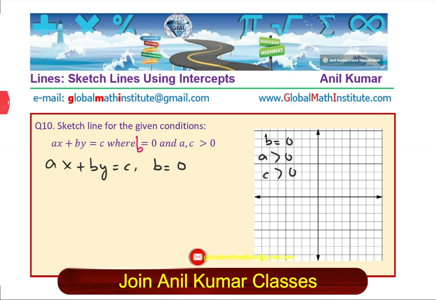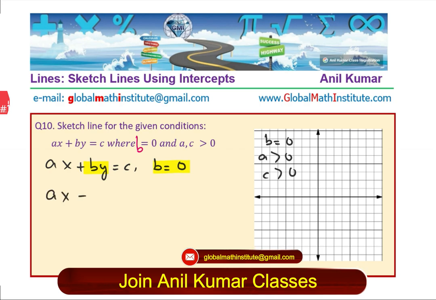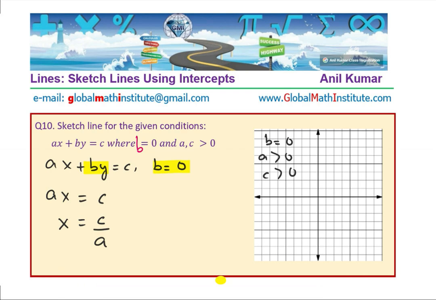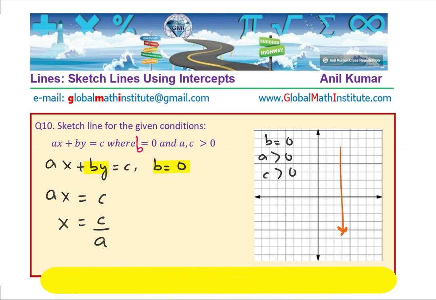Now if b is 0, in that case this term will be 0, correct? So we're left with ax equals to c, or x is equal to c by a, correct? So x is c by a, all are positive, right? So therefore this line is also positive. It is very similar to the previous example, a vertical line going through quadrant 3 and 4. Is that clear to you?